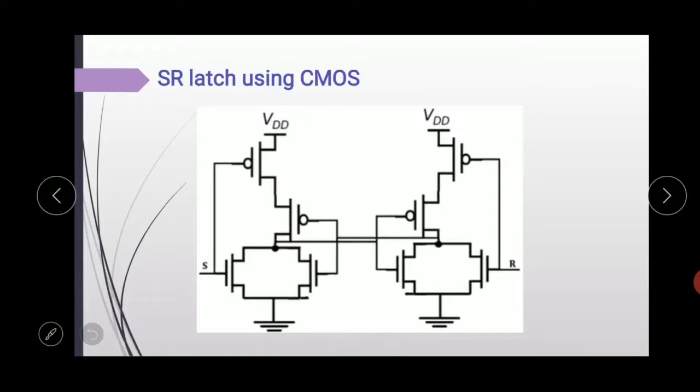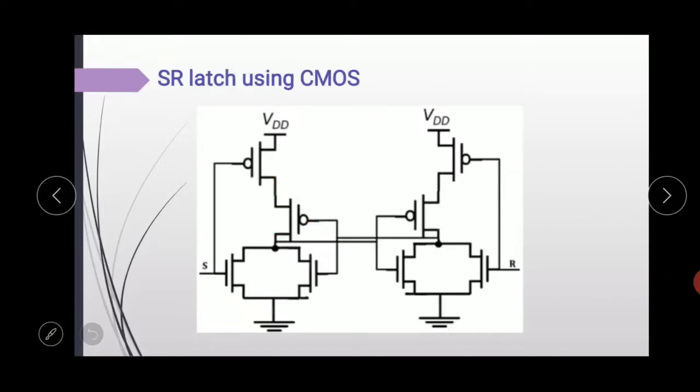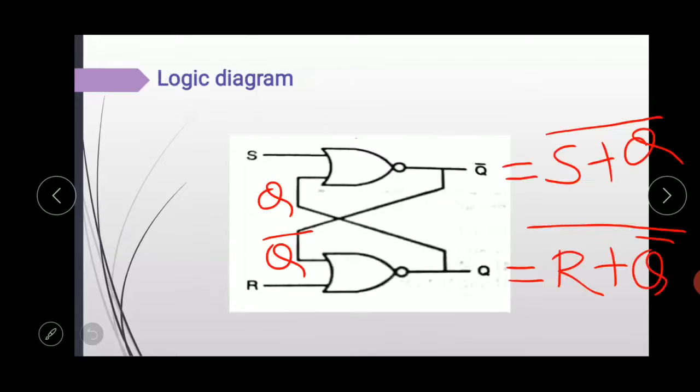So this one is the SR latch using CMOS. We use these two equations to draw the SR latch using CMOS diagram. So here we use only the plus operation.